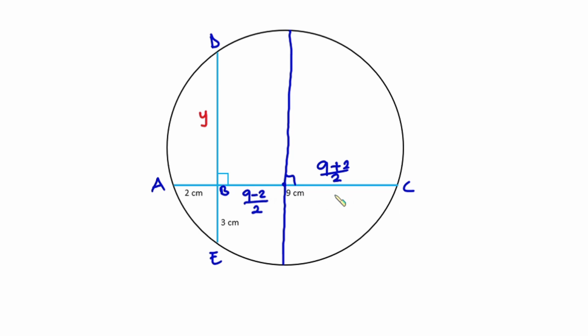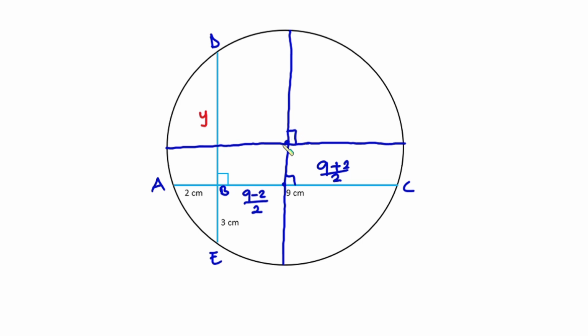So we know this distance, we know this distance. Now another thing we're going to do is to draw a perpendicular line to bisect chord DE. So I'll just stand here, then draw a perpendicular line to bisect chord DE. Then this is the point of intersection, and they are making an angle of 90 degrees here.